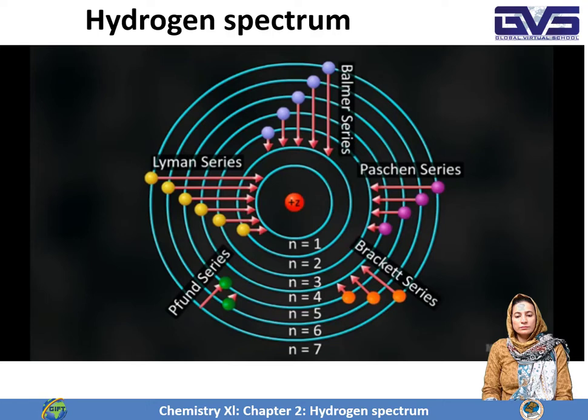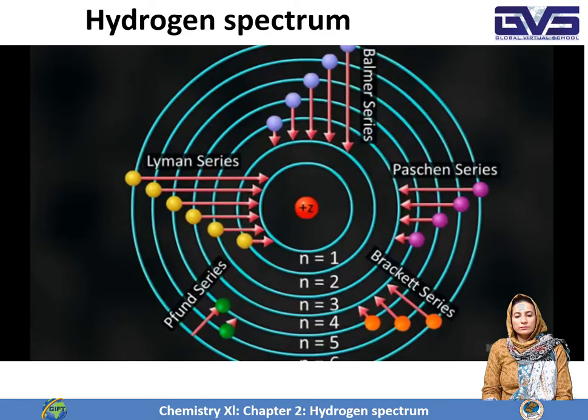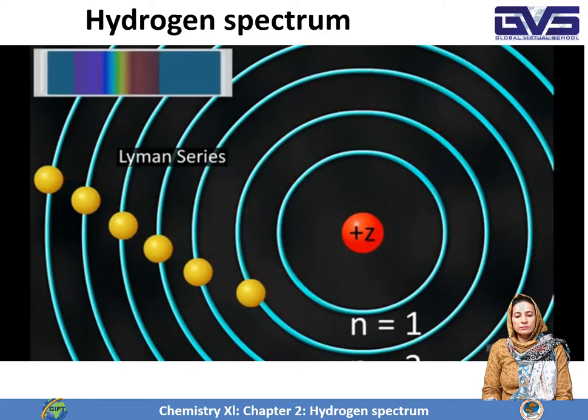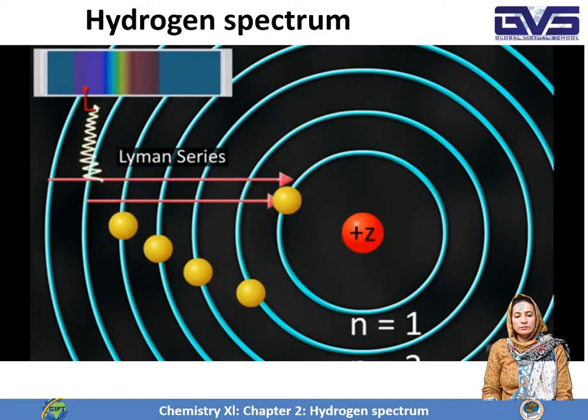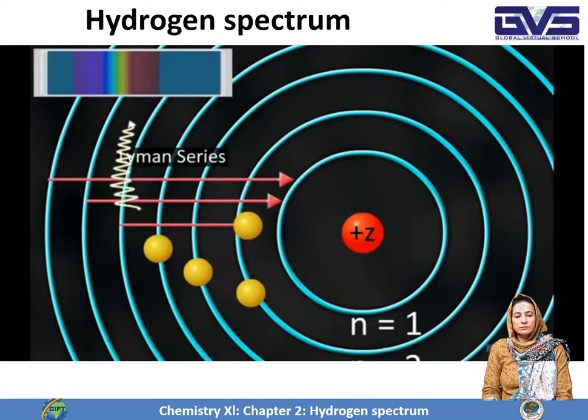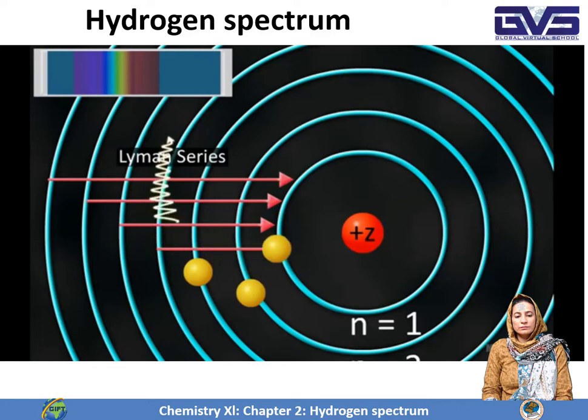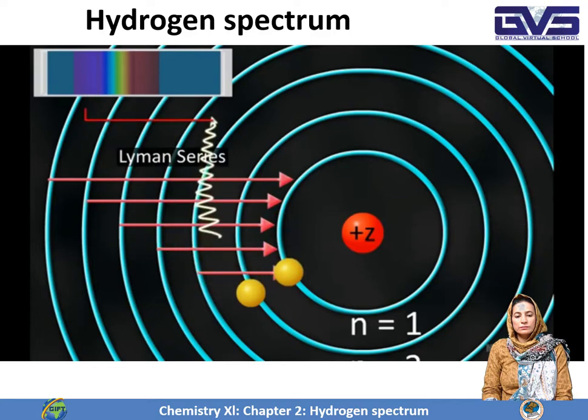The various spectral series of the hydrogen atom can be represented with the help of an orbital diagram of an atom, as shown in the animation. When a transition from higher orbits to the first orbit occurs in the atom, the Lyman series is obtained. The values of frequencies obtained in this transition lie in the ultraviolet region of the electromagnetic spectrum.